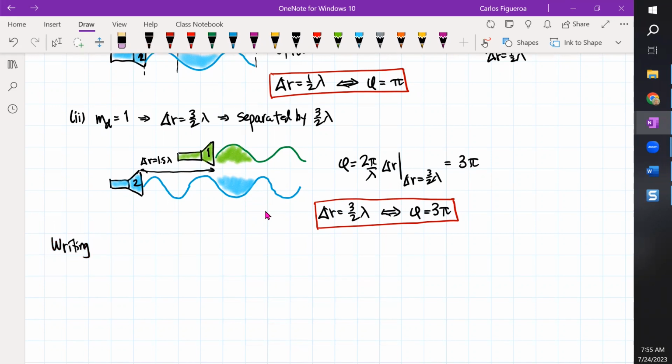So, writing out the pattern for destructive interference, I'm going to have my md value, my path difference, and my phase.